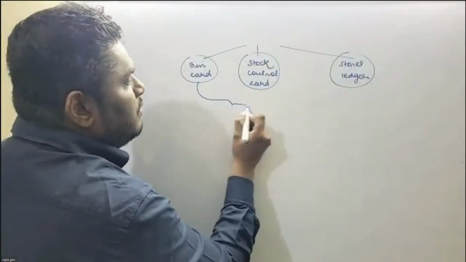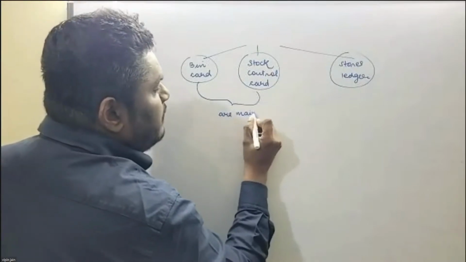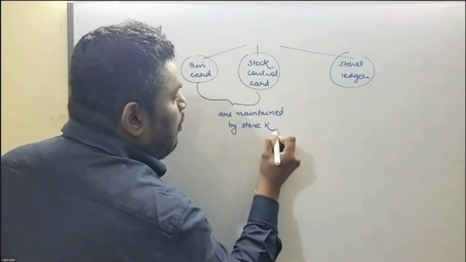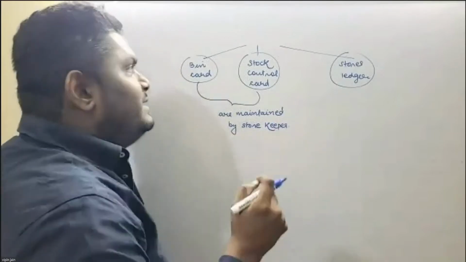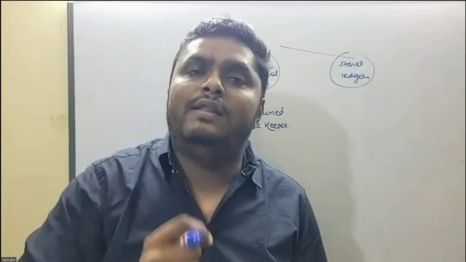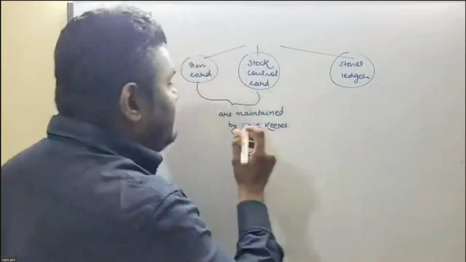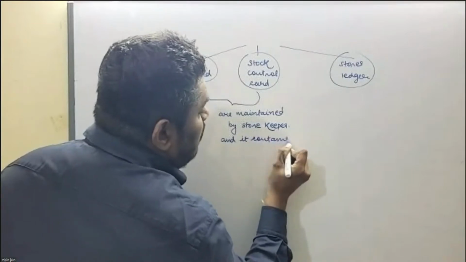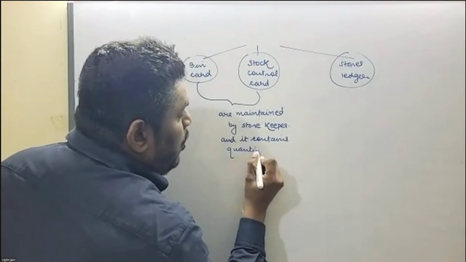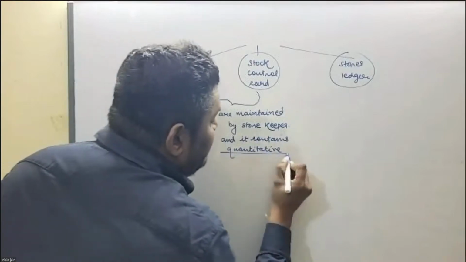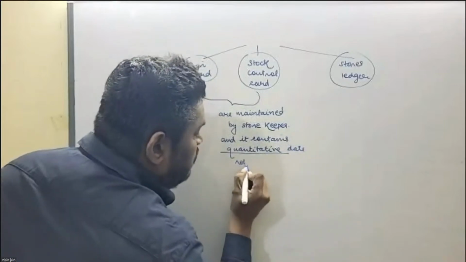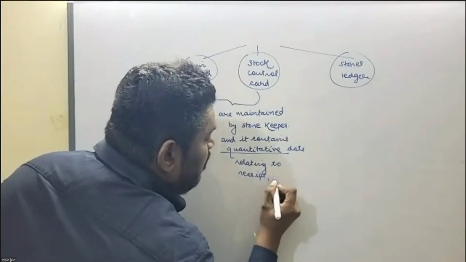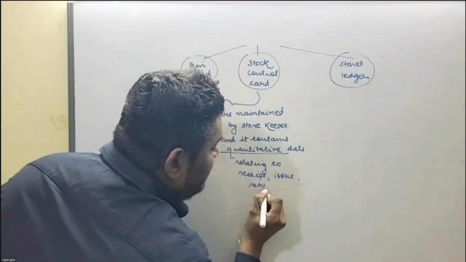Now these two cards are maintained by the storekeeper, that is the bin card and the stock control card, and they contain quantitative data only, relating to receipt, issue, or return of material.